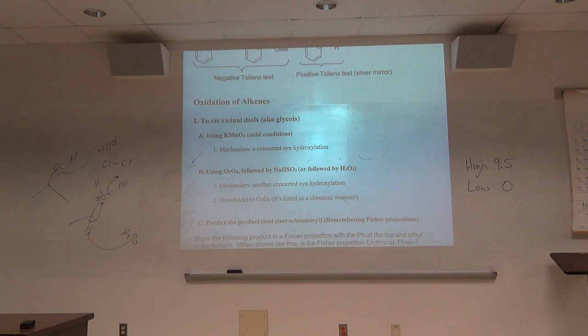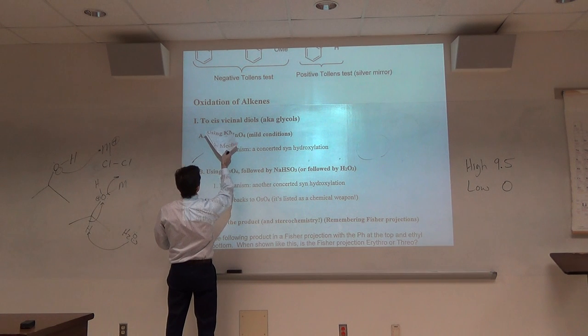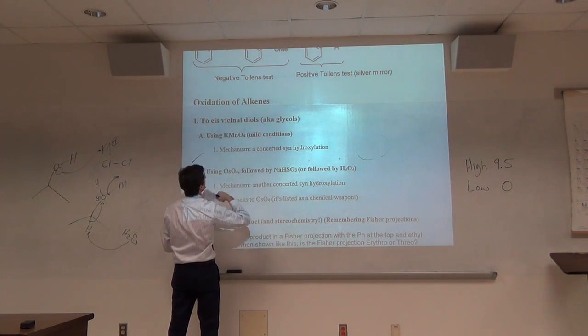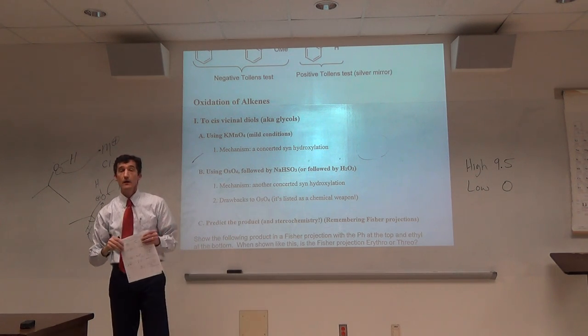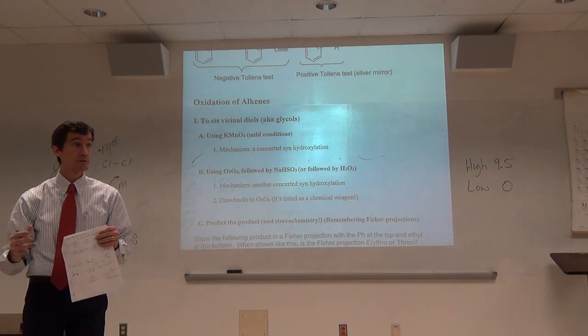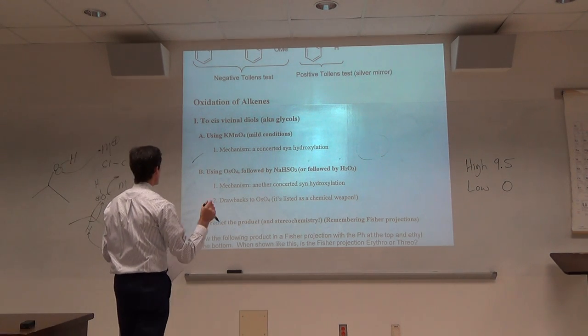The white is more where we're going to see the chemistry, the mechanism. First thing is, we're going to oxidize an alkene to a cis-vicinal diol. A slang name for that is a glycol. You probably know ethylene glycol, which is antifreeze. That's a diol.